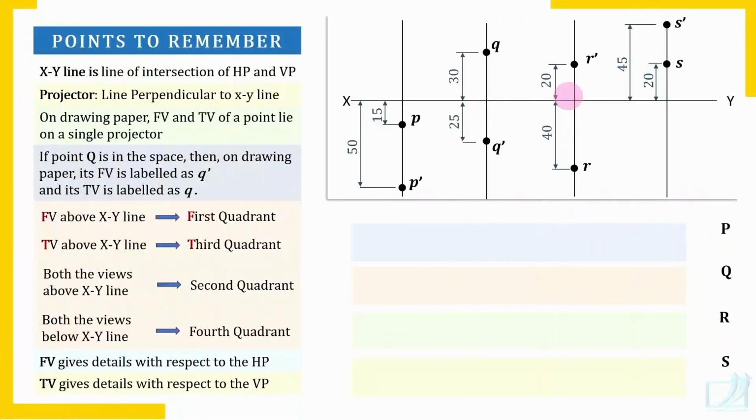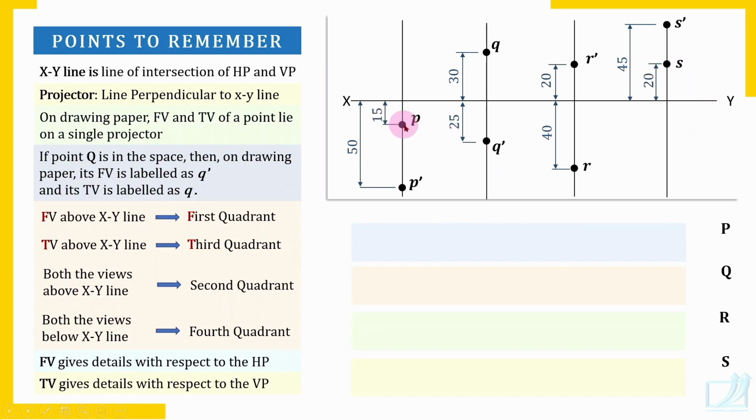Now answer me, which point is nearest to VP? Now I am asking you detail with respect to VP. So watch top views of all these points. So P, Q, R and S, that is the points labeled without dash, are top views.